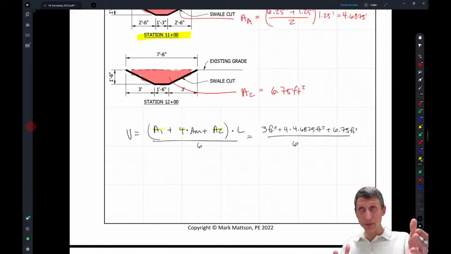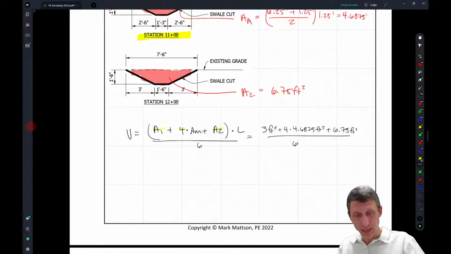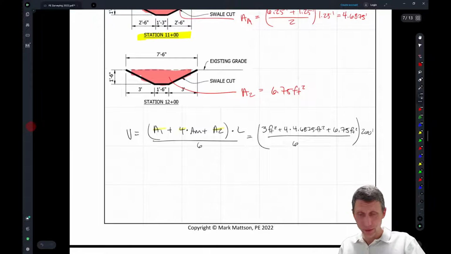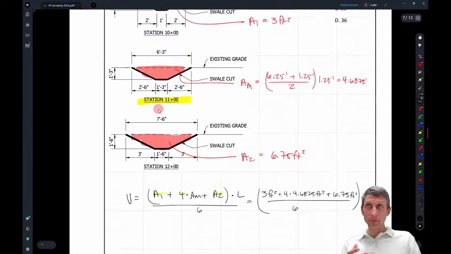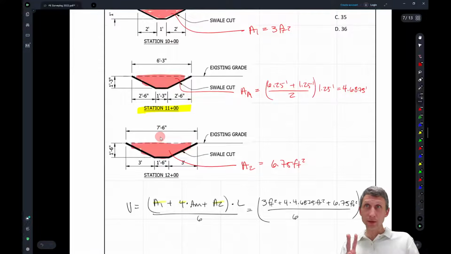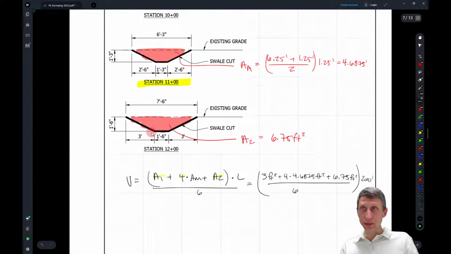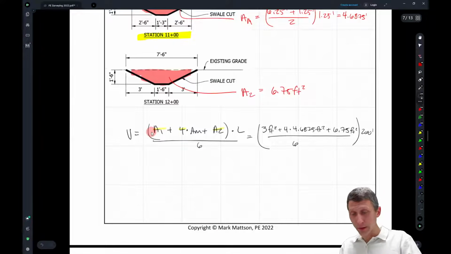So it's a weighted average, but we've got 6 total pieces, so we're dividing by 6, and we need to multiply that by our 200 feet still, because we're still at station 10. Station 12 is still 200 feet. We're adding this middle station in there for a better estimate of our volume.